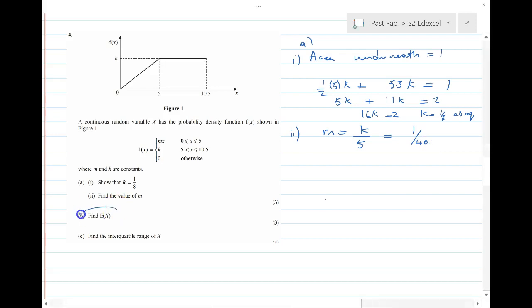Right, then it says find E(X). Now we've got two bits to it here, so we have to work within the range of both of them.